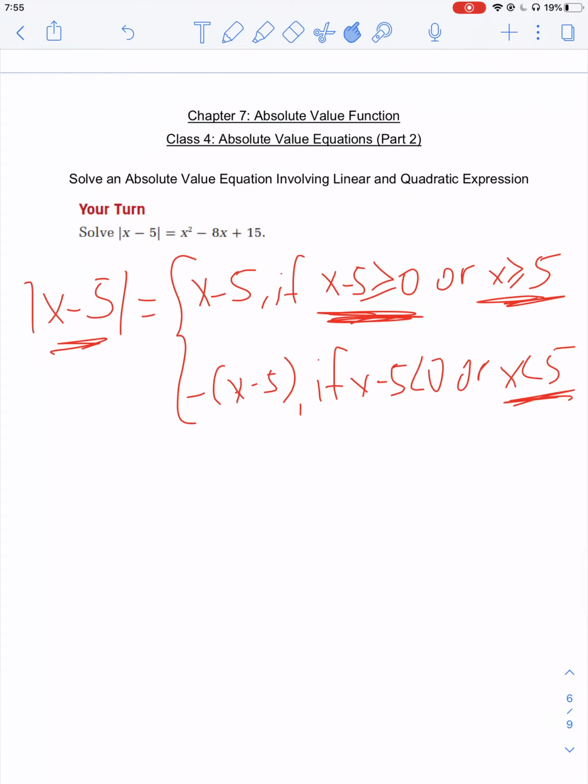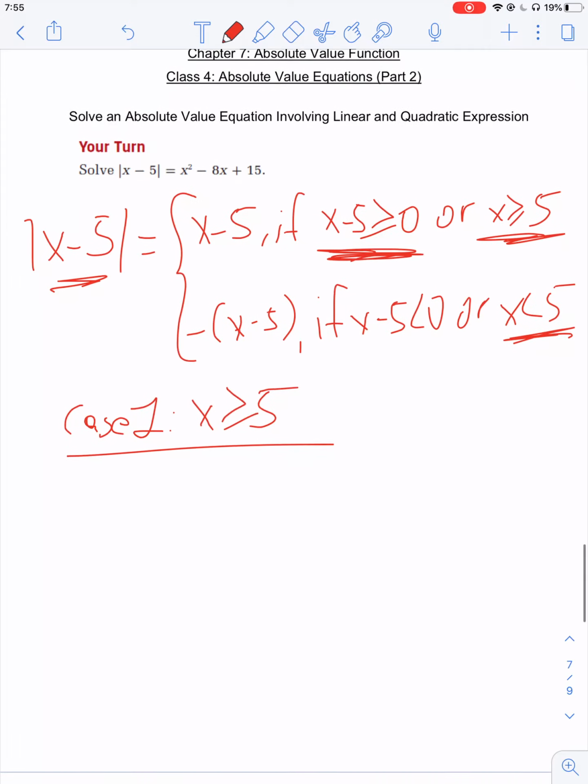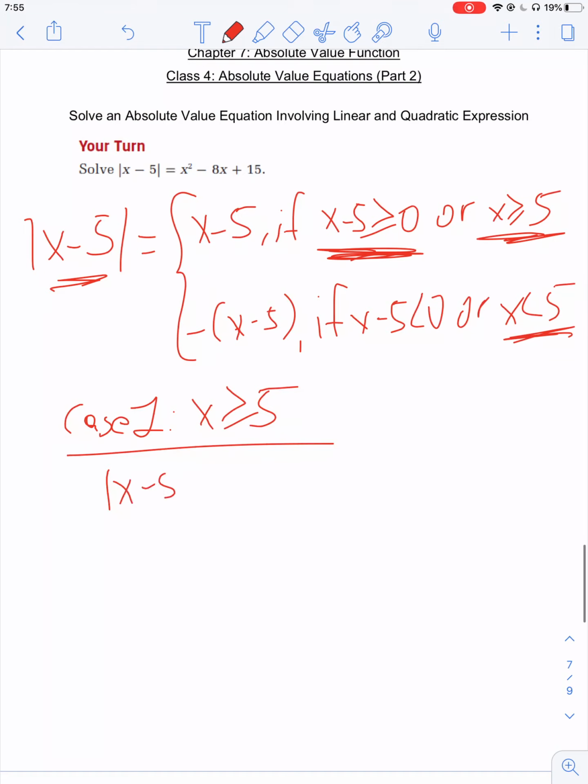There you go. So case one is when x is greater than or equal to 5. If that's the case, then the absolute value of x minus 5 equals x squared minus 8x plus 15 will just equal x minus 5. It's going to drop the absolute value. Why?